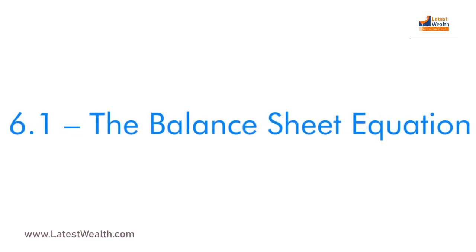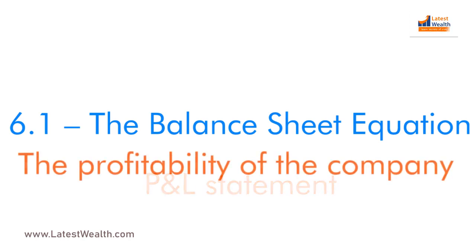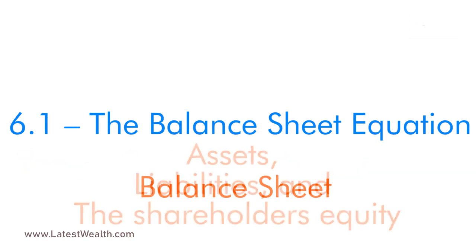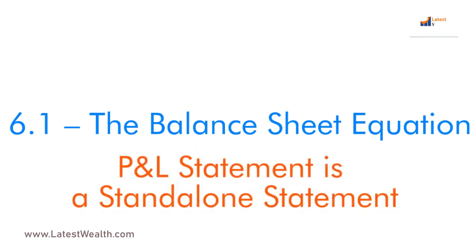The balance sheet equation. While the profit and loss statement gives us information pertaining to the profitability of the company, the balance sheet gives us information pertaining to assets, liabilities, and shareholders' equity. The profit and loss statement, as you understand, discusses the profitability for the financial year under consideration. Hence, it is good to say that the profit and loss statement is a standalone statement.